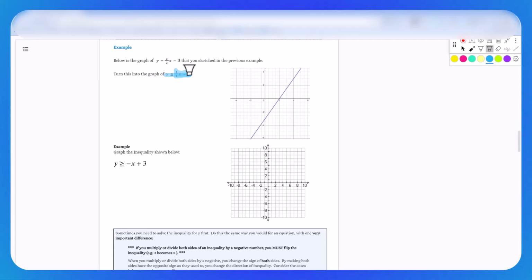In other words, it's going to be less than the line, which is going to be below the line. So we are going to be picking values below or equal to this line, because we have less than or equal.